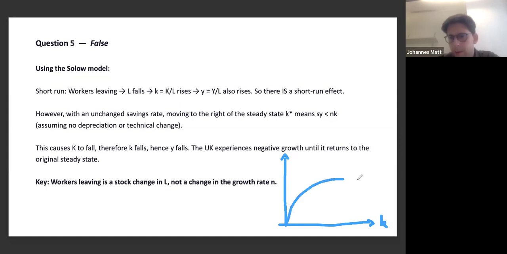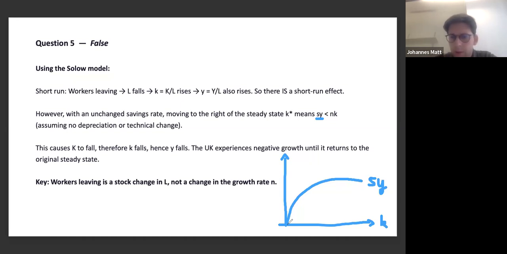And there is some function that tells me how quickly I am accumulating more capital. This would be S times Y here, right? Which we had up here.